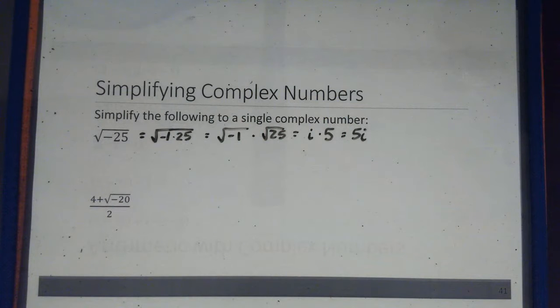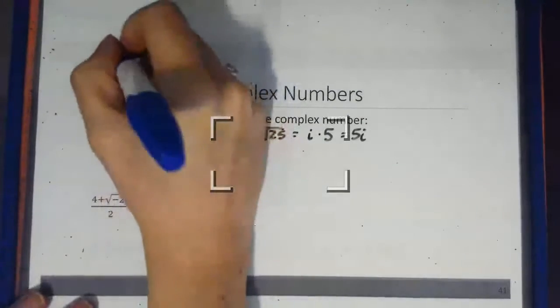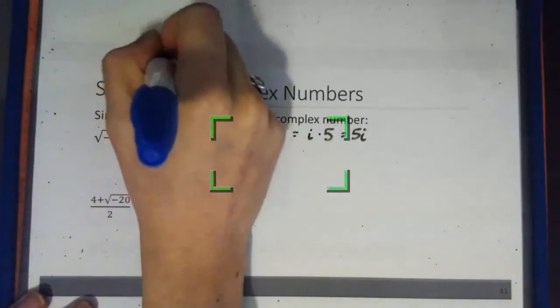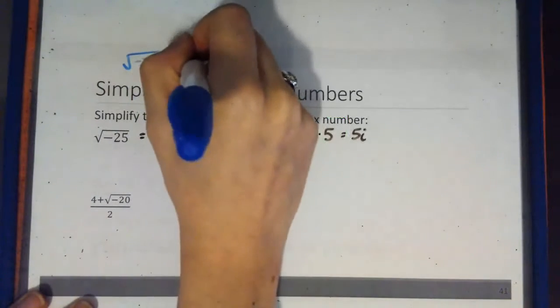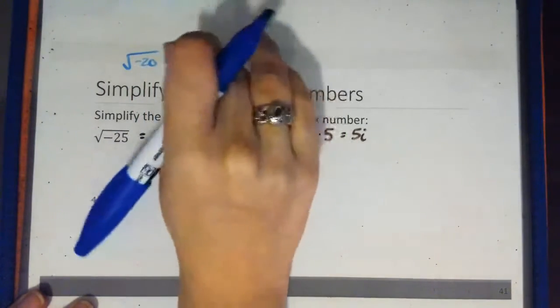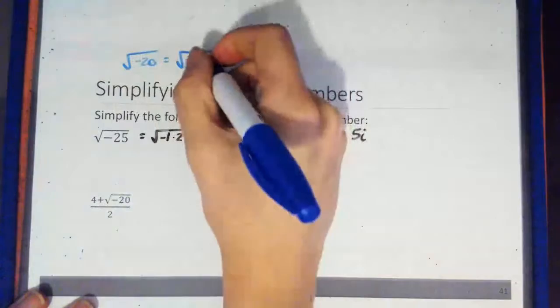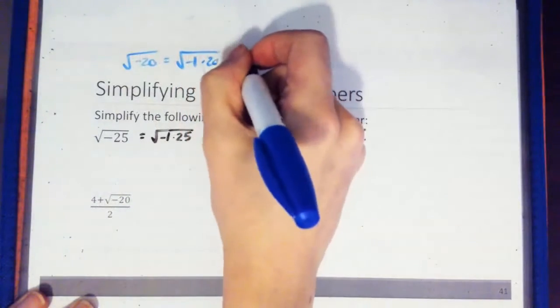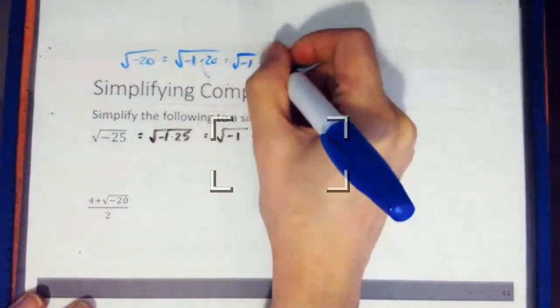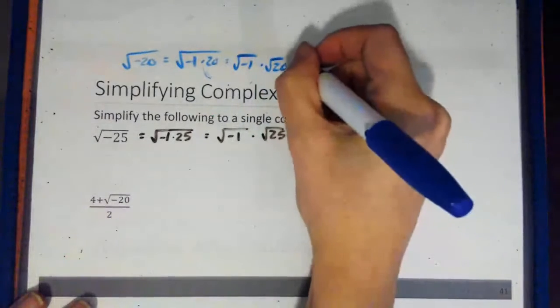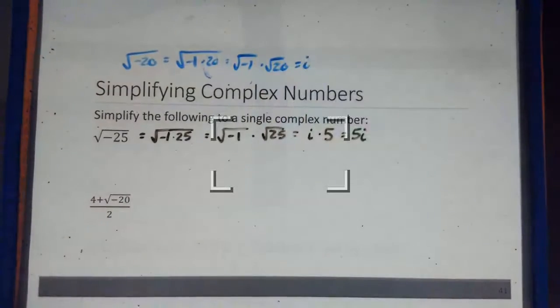In this next one, we're looking at 4 plus the square root of -20 over 2. So let's start by looking at that square root of -20. The square root of -20 can be thought of as the square root of -1 times 20, which I can break into the square root of -1 times the square root of 20. Well, we know that the square root of -1 is i, but what about the square root of 20?